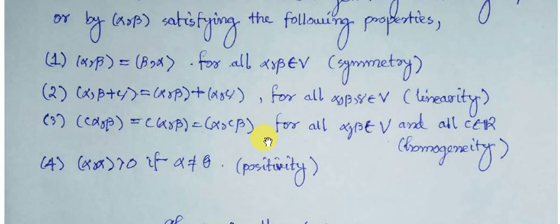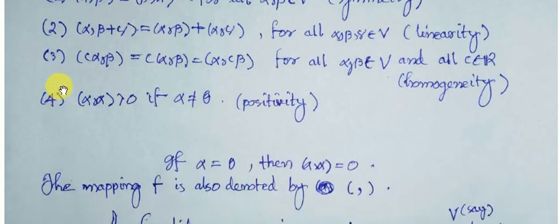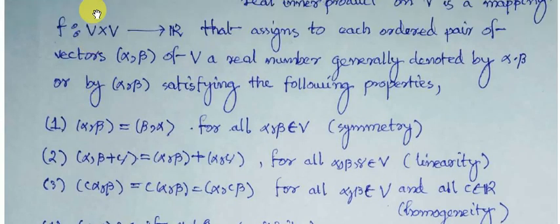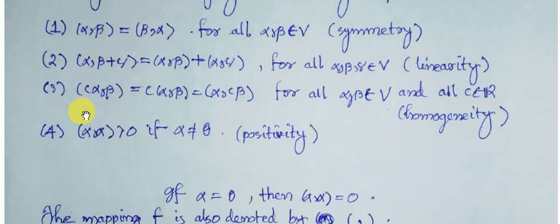And the fourth property is very important. This is the positivity. So let us now see what it means. Here we have considered a single point alpha from this vector space V, and we take the ordered pair alpha comma alpha.